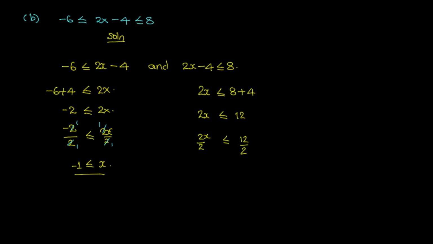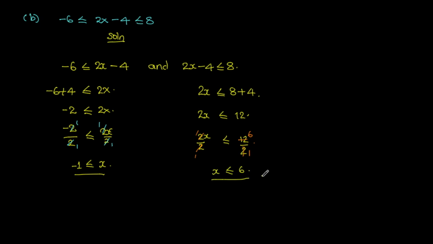Then again, our 2 will vanish from the left hand side of our inequality, and here 12 divided by 2 goes 6. So when we arrange, we'll have here x from the left hand side is less than or equal to 6.